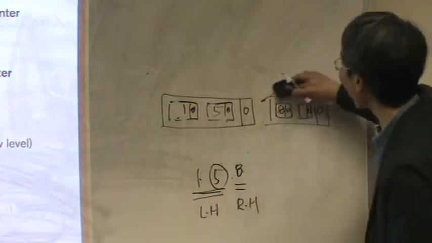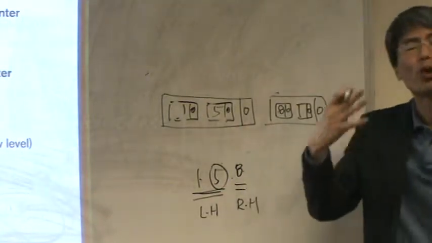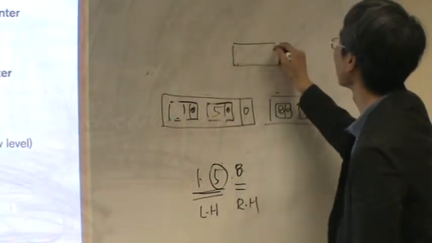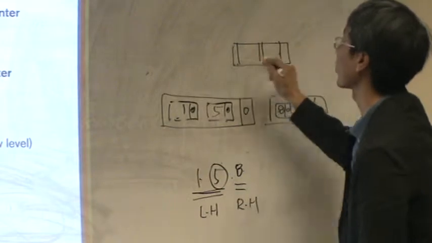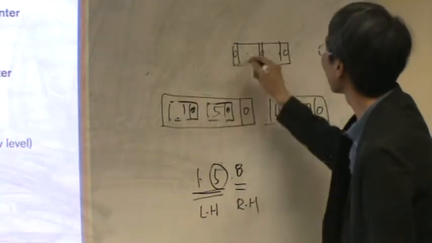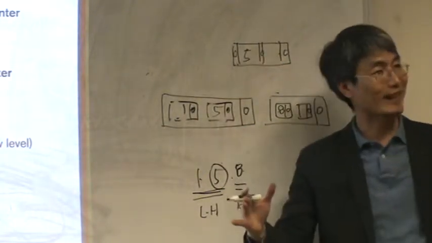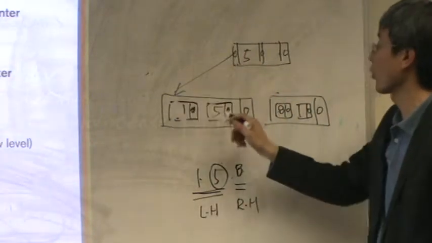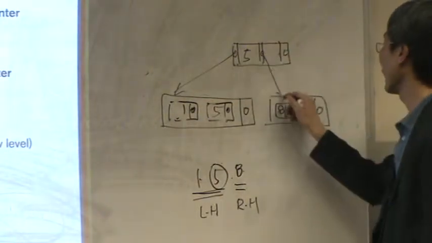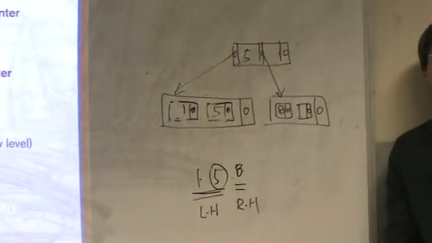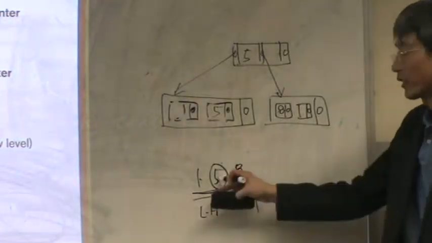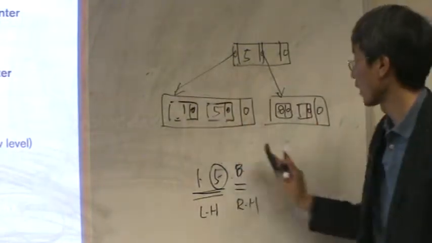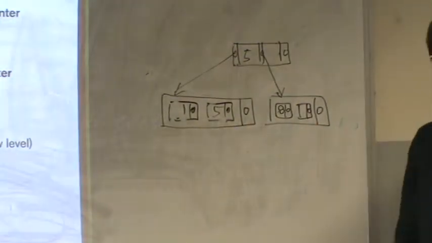Then the middle value, it's not called promotion, but it's similar to promotion. We can just create an internal node. This is an internal node. Then 5 will be used as the classifier. Equal or less than 5 goes to the left hand side. Bigger than 5 goes to the right hand side. Okay. That's it. Be careful: equal or less than the middle value goes to the left hand side, others to the right hand side. That's it.